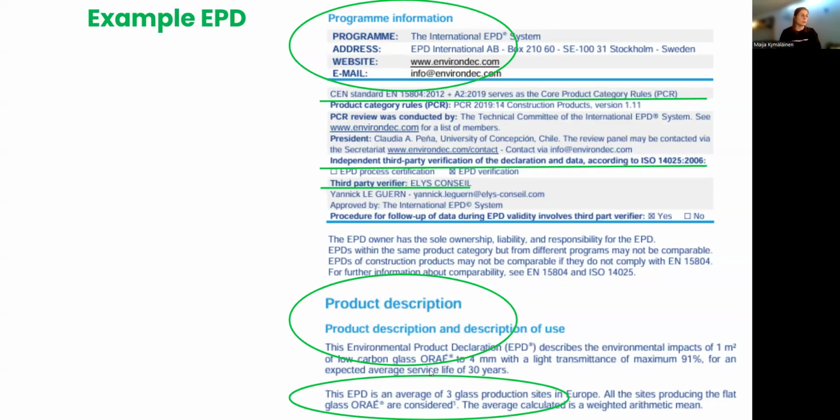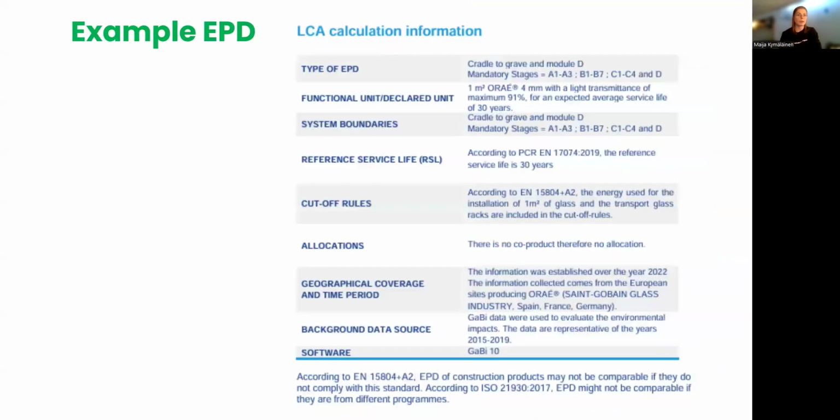So product description, description of use, and also here, for example, this EPD is an average of 3 glass production sites in Europe. So this is important knowledge so you can reliably use this EPD for your own assessment. And then we have more data about the type of EPD.